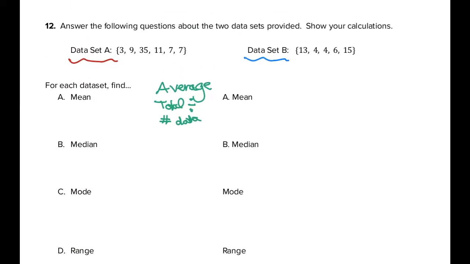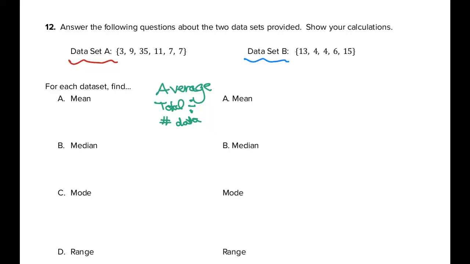Okay. So for data set A, if I take 3 plus 9 plus 35 plus 11 plus 7 plus 7, and I forget. 72 over 6. Yes, that is correct. So we get a total.